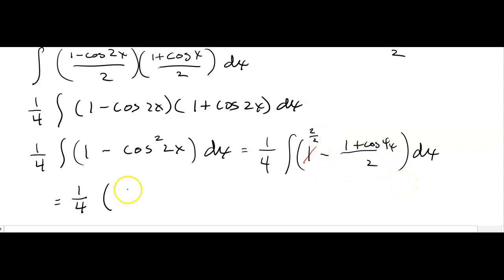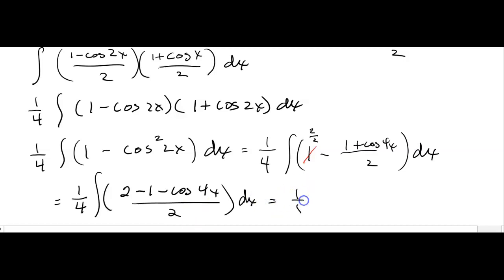Sorry, I wrote 1/2 up there, I don't know why. It becomes 2 minus 1 minus cosine 4x all over 2 integral dx. So I can take the half out. I get 1/8 integral. 2 minus 1 is 1 minus cosine 4x dx.